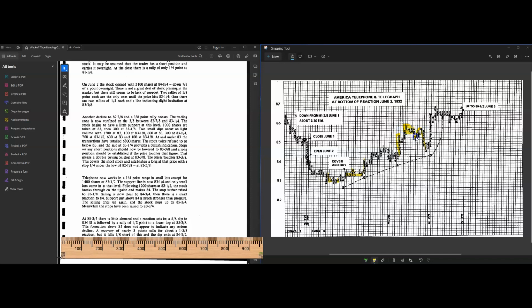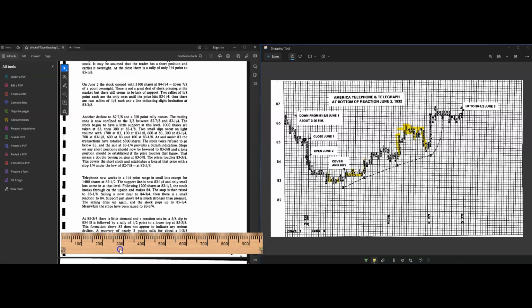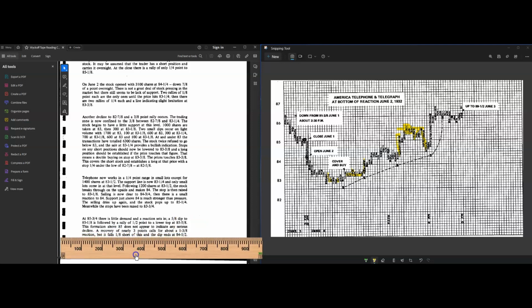So this recovery, is he doing a count across this line for it to go down? Because he says a recovery of nearly 3 points calls for a 1 3/8 reaction. So how would you do that? You would have to do the count. So I think he's doing a count, but I'm not 100% sure.